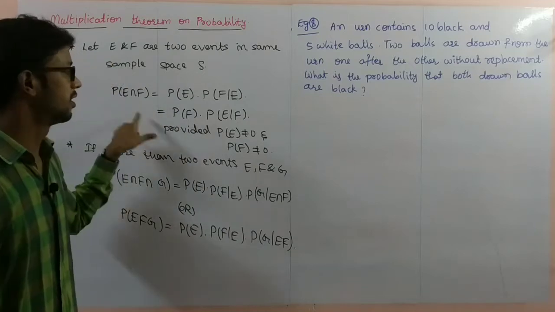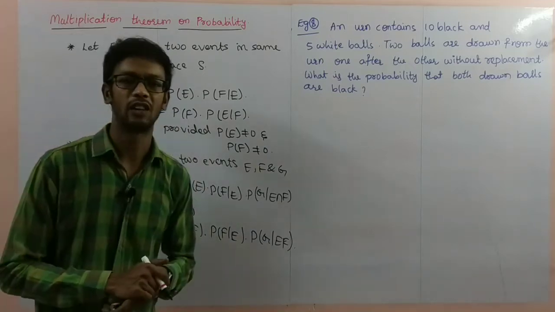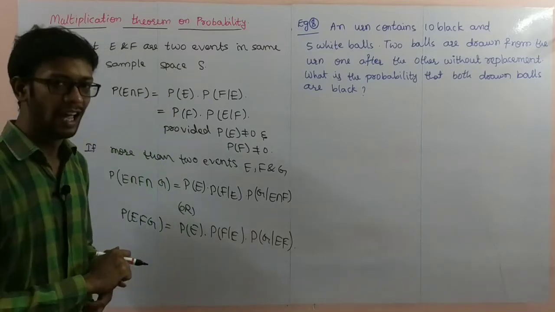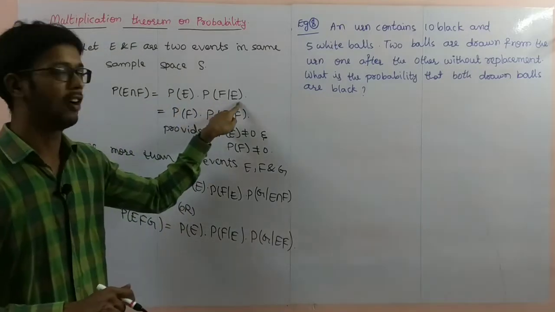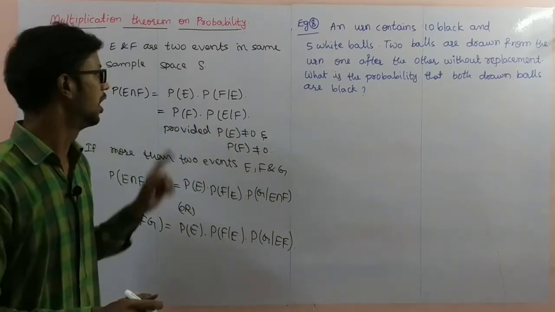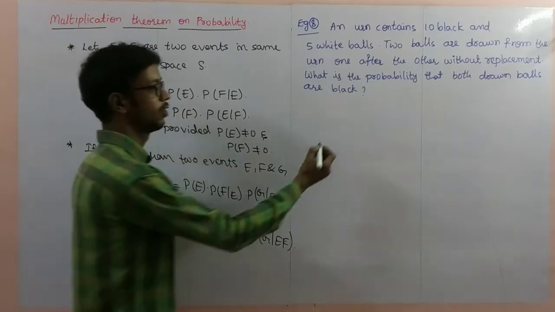If there are two events, the direct formula is P of E intersection F is equal to P of E into P of F by E. E first means F by E, F first means E by F. That is different actually. Here you can observe how we get this.